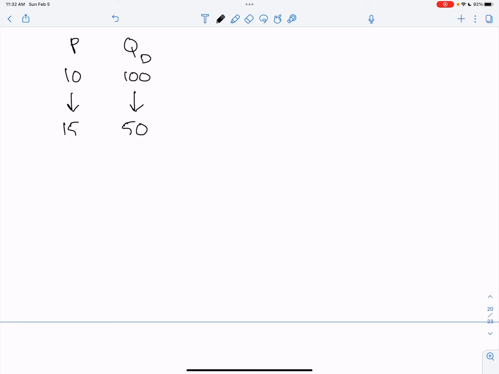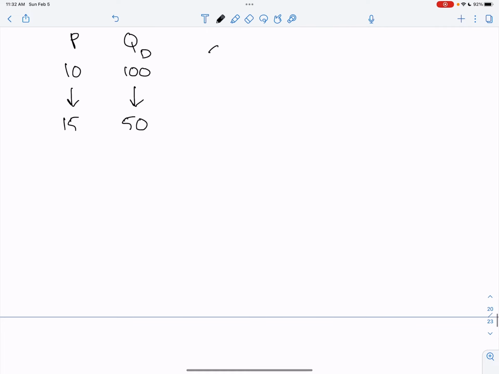Okay, so let's think about how we would normally calculate the percentage change in price. Just as a reminder, what we're interested in here is the price elasticity of demand, which is the percentage change in quantity demanded divided by the percentage change in price. Now, how would we normally calculate our percentage change in quantity demanded? Well, we would say, okay, quantity has gone from 100 to 50.